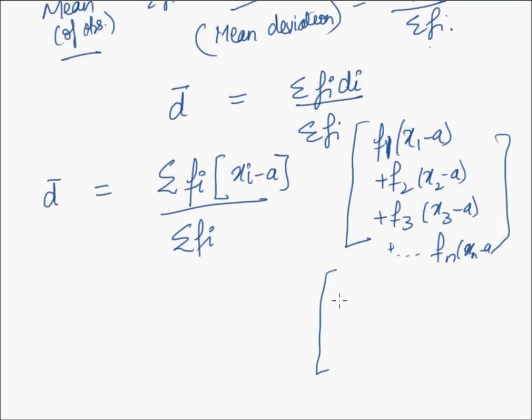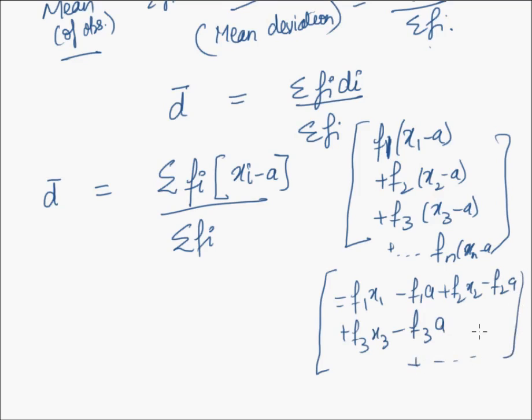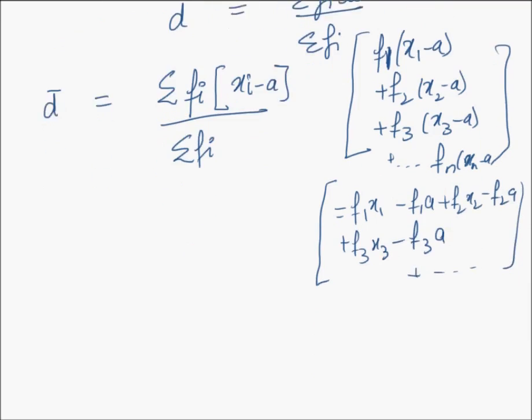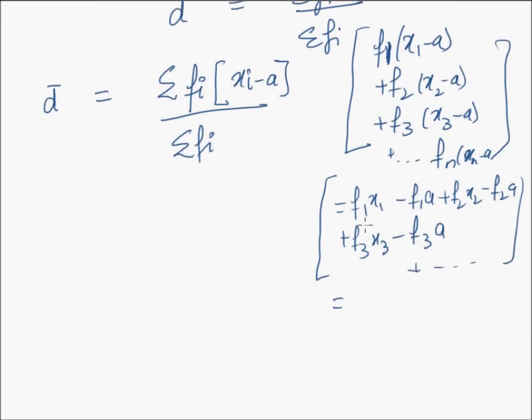Clearly we can say that it is f1x1 minus f1a plus f2x2 minus f2a plus f3x3 minus f3a and so on. So all in all, if we look upon the observations, we have summation fi xi, where i belongs to 1 to n, minus a, which is common for all, that is a into summation fi.